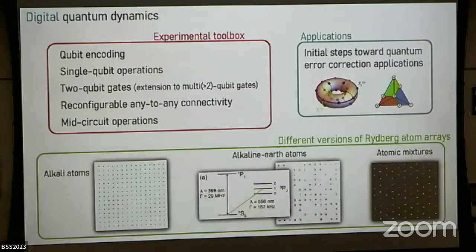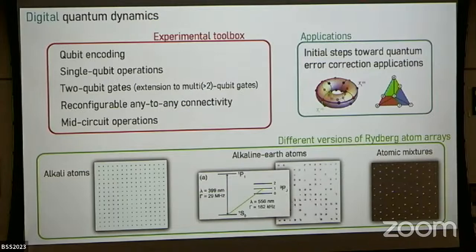First, we need to look at the toolbox we're going to use: how we encode qubits using Rydberg atoms; how we do single-qubit operations, two-qubit and potentially multi-qubit gates; how we arrange the atoms to have any-to-any connectivity; and how we do mid-circuit operations like mid-circuit readouts, which many of you have been asking about in the past few days.